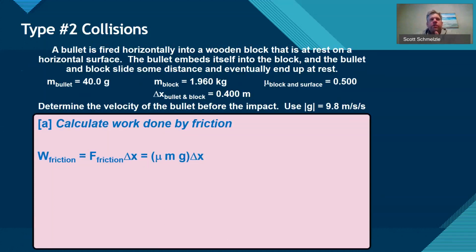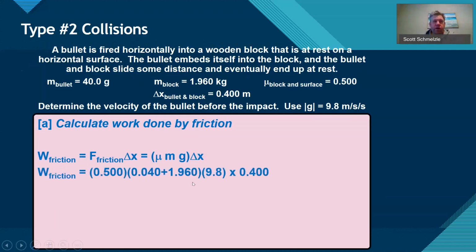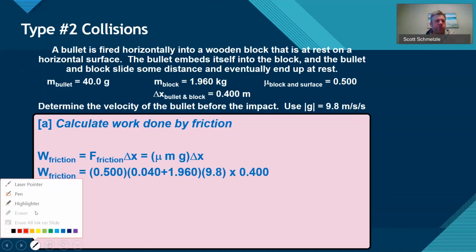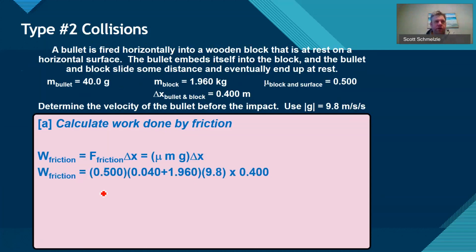So what we want to know is okay, what is sliding? It's not just the bullet, it's actually the bullet and the board. So that's where this comes from here, right? So when you look at this 0.04 and this 1.960, that is the bullet and the board. Notice I changed the bullet into kilograms because I have to use kilograms for this, right?